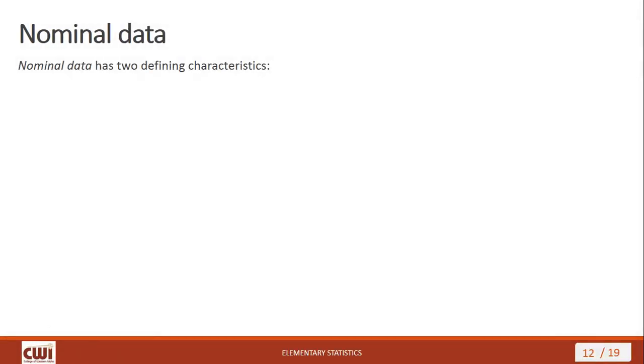First, we have nominal data. Nominal data has 2 defining characteristics. The first is that it consists of names, labels, or categories only. That means the nominal level of measurement is going to consist of categorical data.